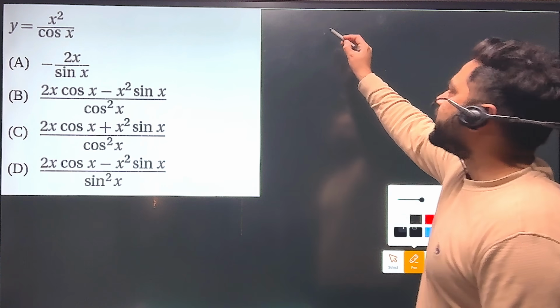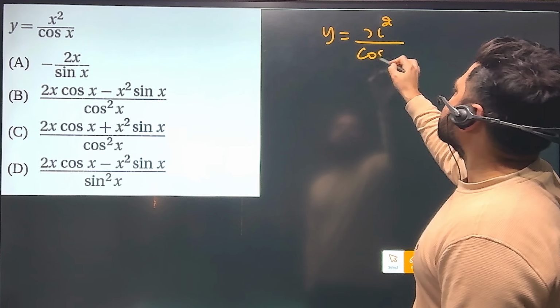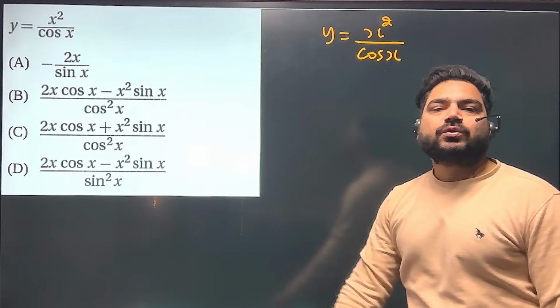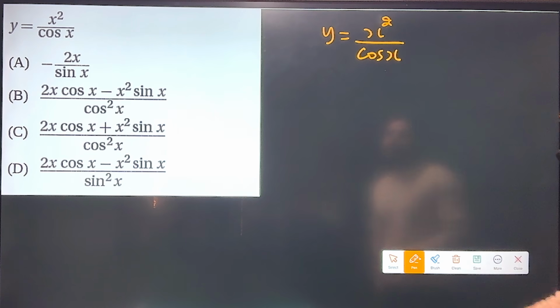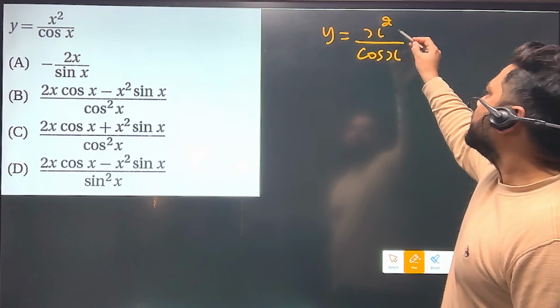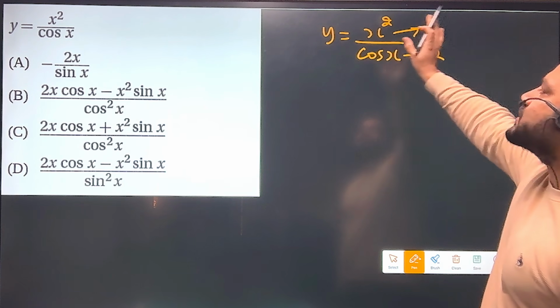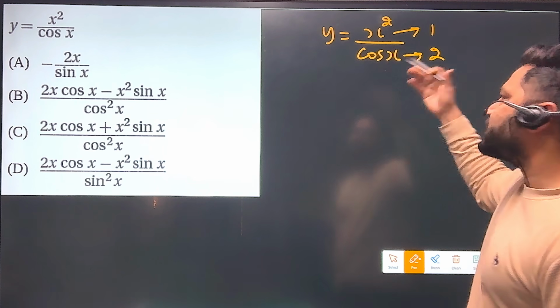If y is equal to x square upon cos x, how to apply the quotient rule? To apply the quotient rule, the numerator function we will assume is the first function, and the denominator function is the second function.